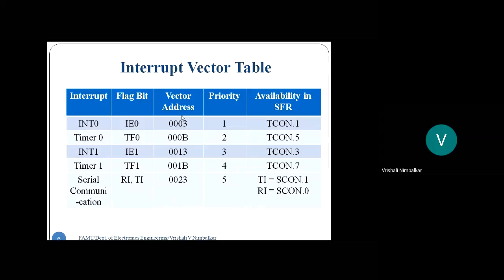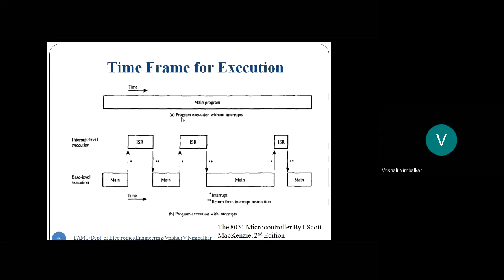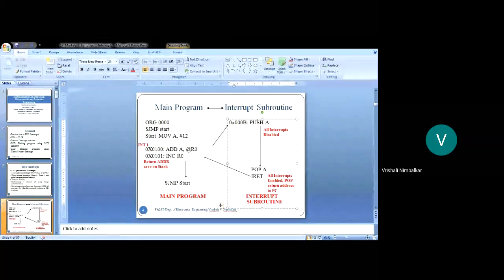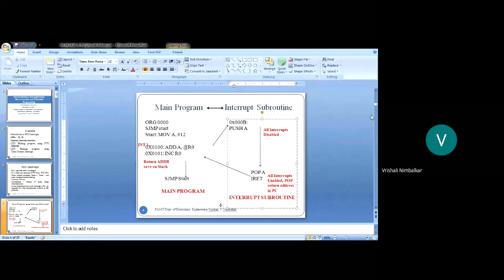So what we generally do is, even if the microcontroller automatically jumps to the vector address, we modify this. Instead of writing the ISR here, we just write one jump instruction. We will be writing LJMP and let that label be ISR1.